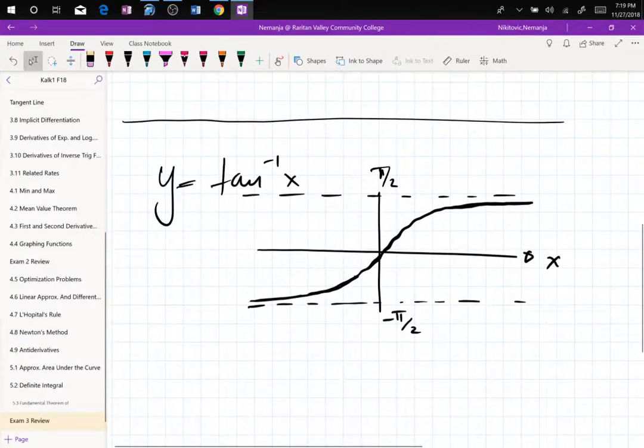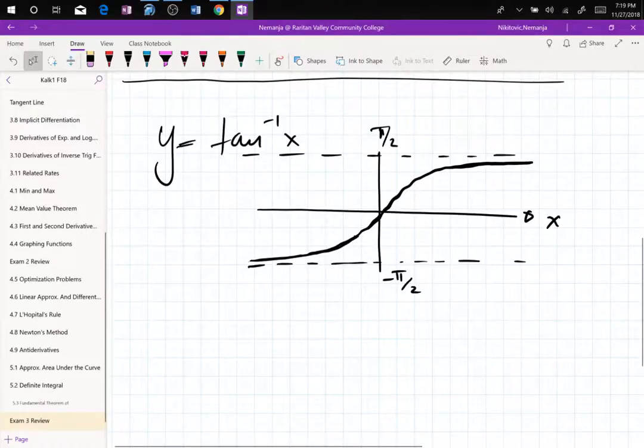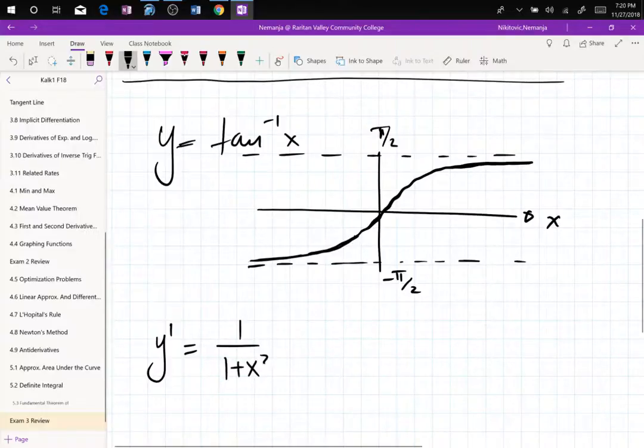So clearly, no min, no max in this function. That is immediately clear because the derivative, y prime, is 1 over 1 plus x squared. And when you set that equal to 0 and cross multiply, you get 1 equal to 0, right?